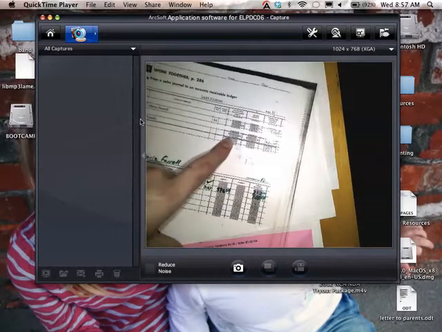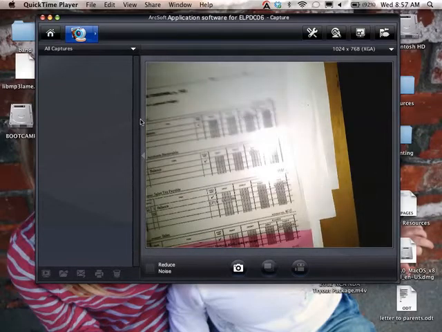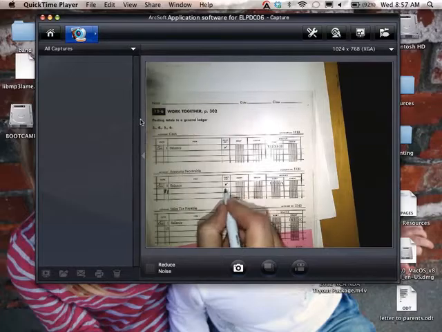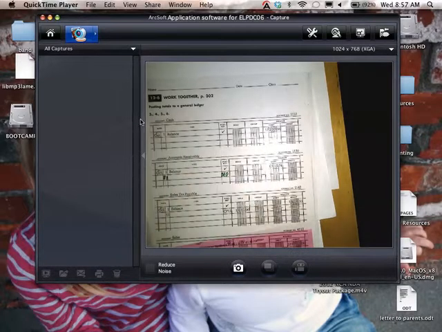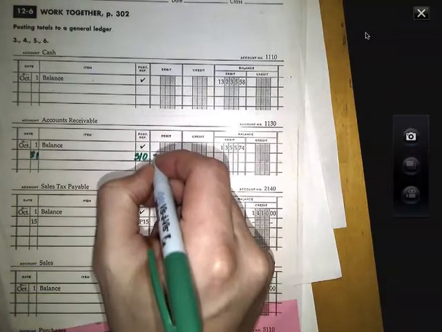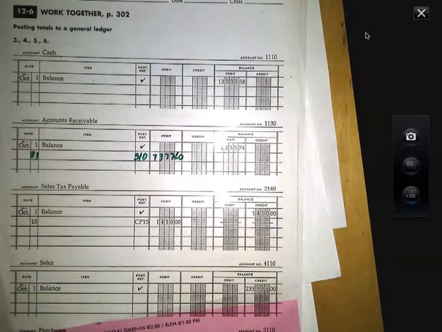Accounts receivable 73,77.60. On the 31st, this is sales journal number 10, and this is the 73,77.60, that's this number right here. Debit, the total. We add that together.